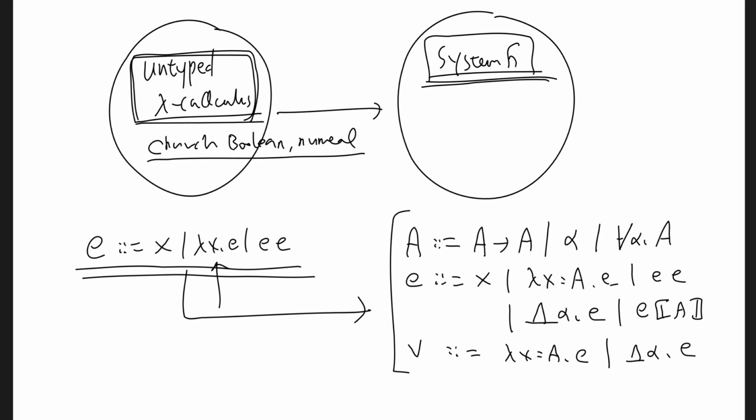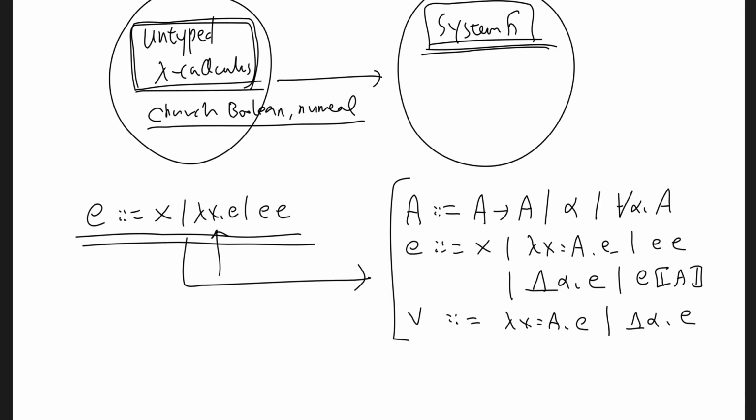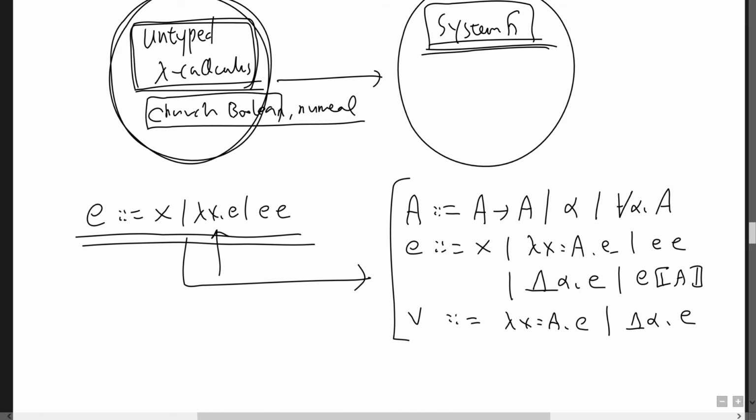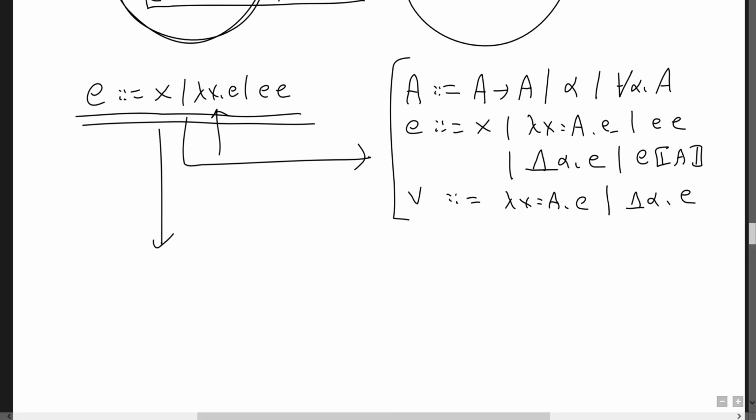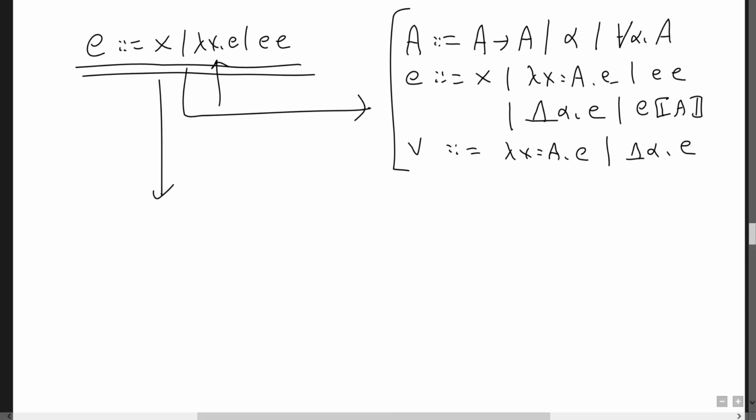So let's start with the Church Boolean. As we will see later, in the case of untyped lambda calculus, we can definitely encode the Church Boolean, but it's pretty hard to figure out what a given expression really means. So for instance, in the case of untyped lambda calculus, this is the way that we encode Church Boolean truth. This is giving me the first option and giving me the second option, and then I'm going to take the first option.